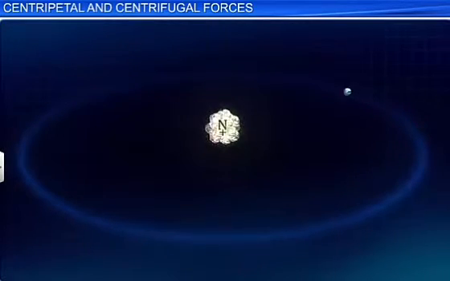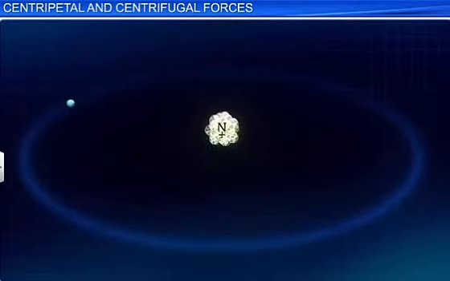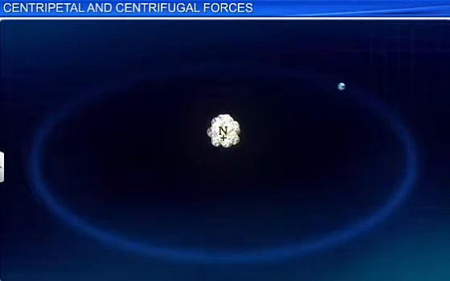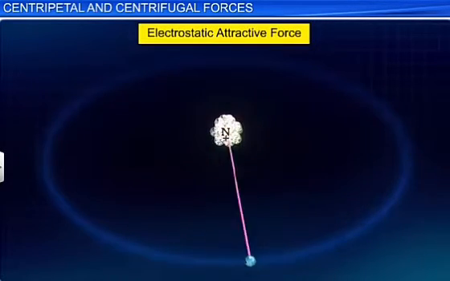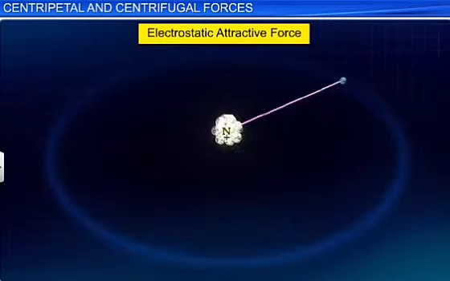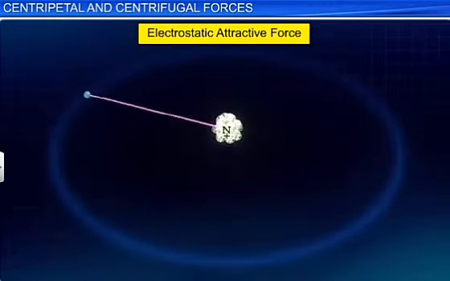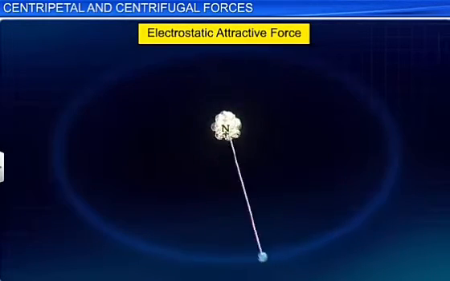We also know that in an atom, electrons revolve around the nucleus. The electrostatic attractive force acting on the electrons provides the required centripetal force.